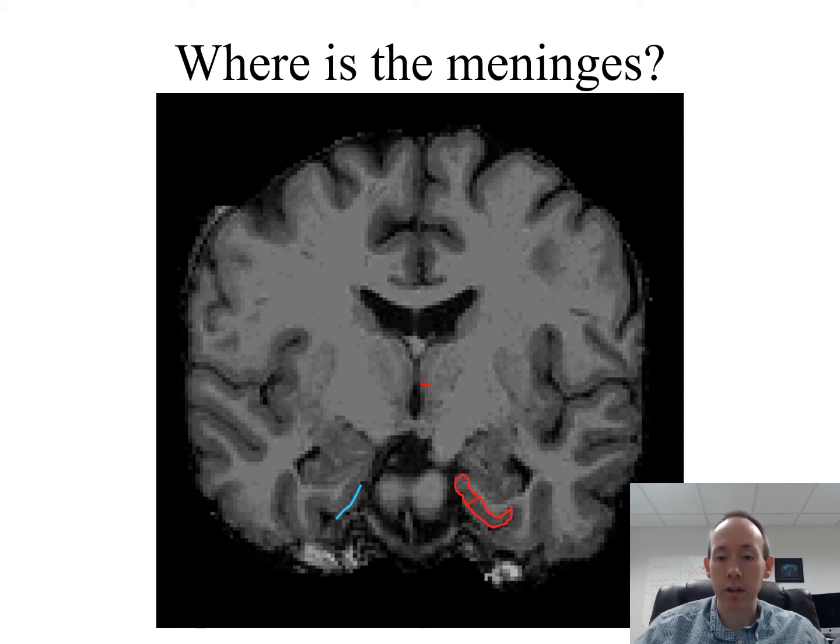What can be important to understand, as I drew on the previous slide, is that there are meninges right by it. So we have cortex right there, but just outside of it we have meninges. The software that we use, and that we'll learn to use, automatically pulls out this region and labels these different regions of the brain, and it tends to have some issues with that.